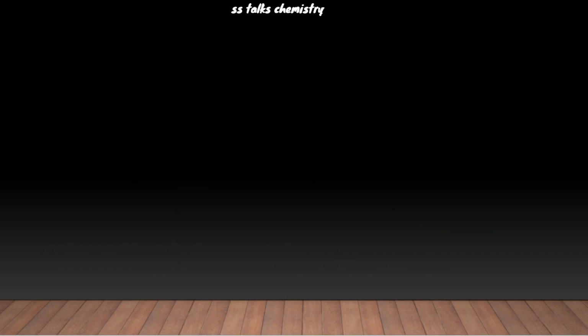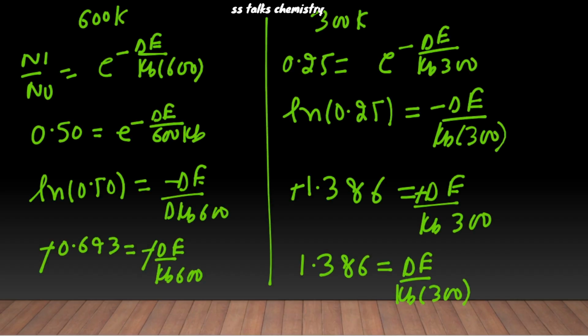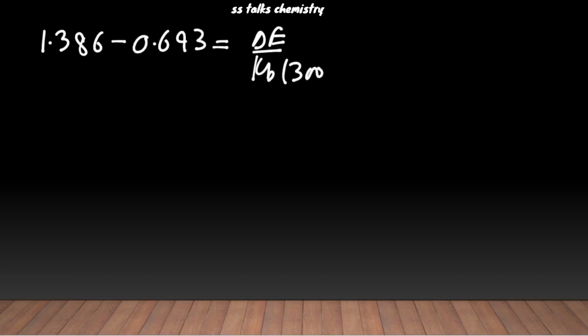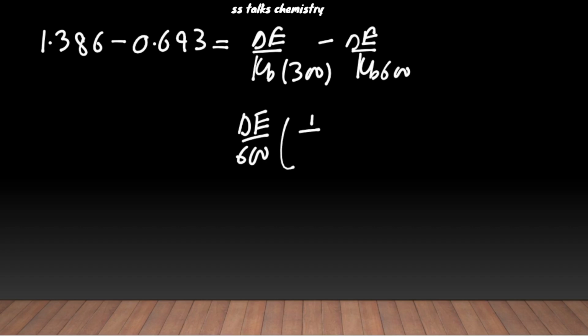Okay, so what you can do is take the difference of both of these. 1.386 minus 0.693 will be del E upon kb at 300 minus del E upon kb at 600. So del E upon kb into 1 by 300 minus 1 by 600.